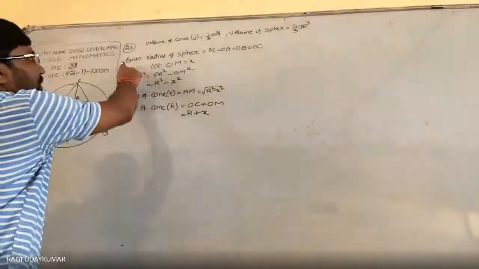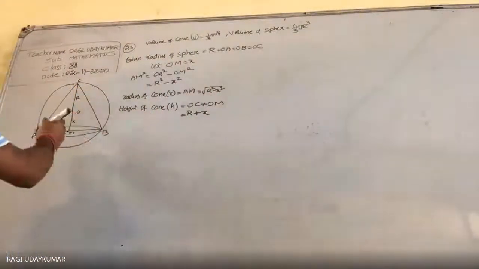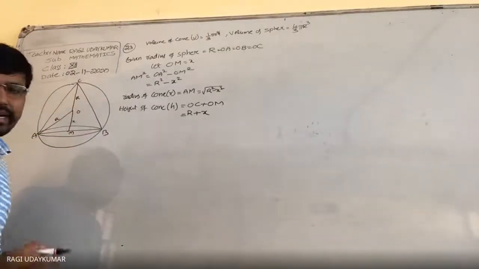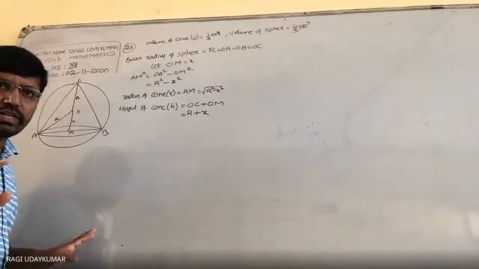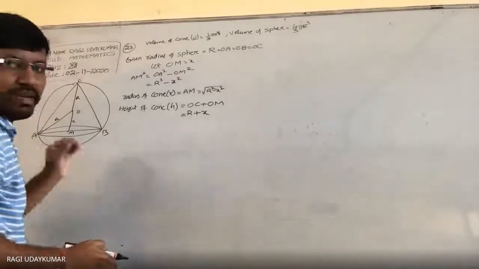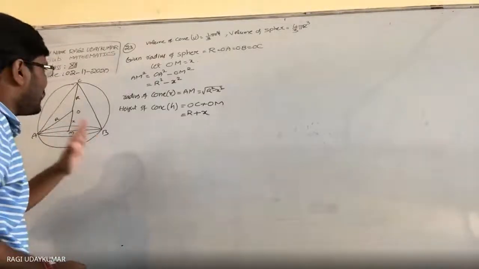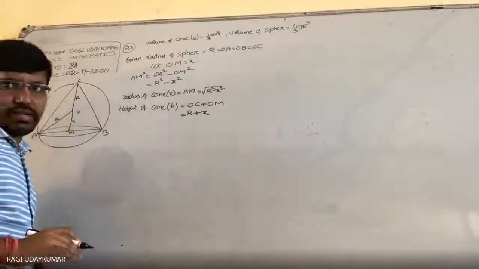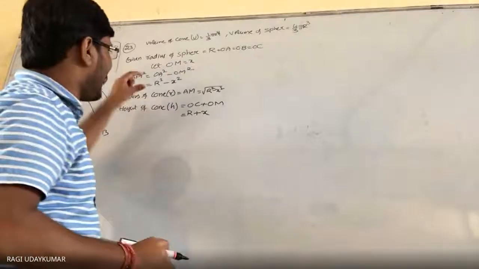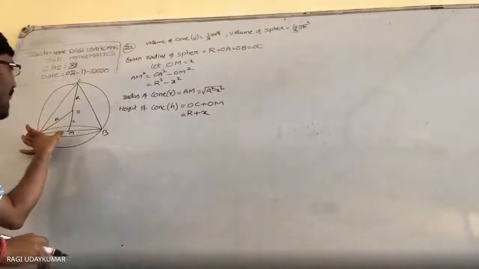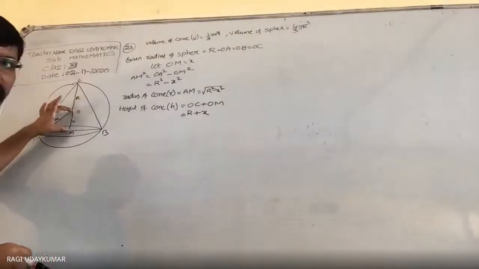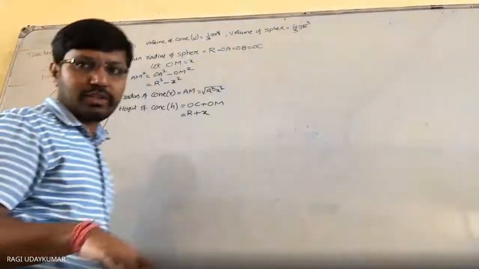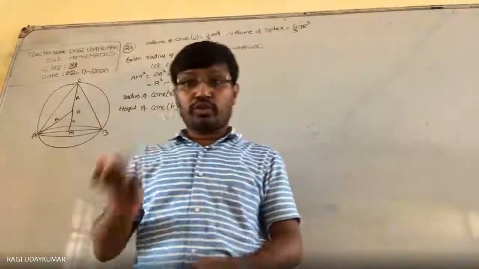Now here, OA, OB, OC are all radii. OB is not necessary to us. So OA, OB, OC are equal to capital R, and OM you consider as x. Actually, this problem can be done by taking r itself, considering r, finding the height as under root of capital R square minus small r square, and differentiating with respect to r.